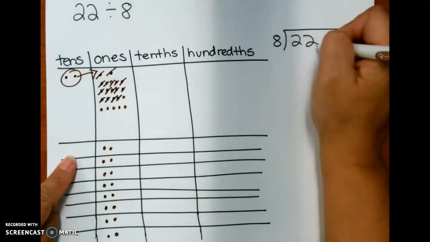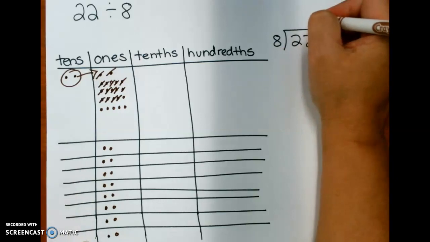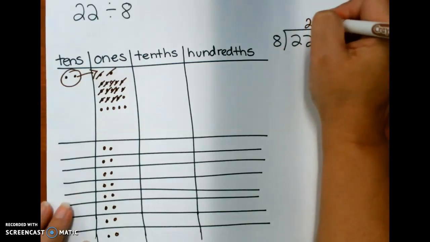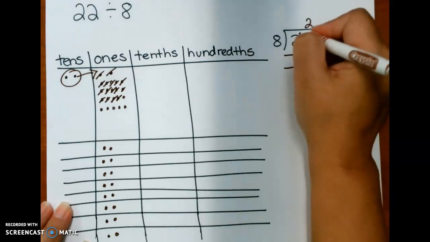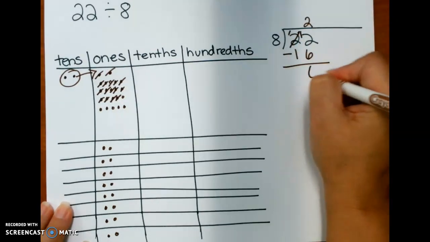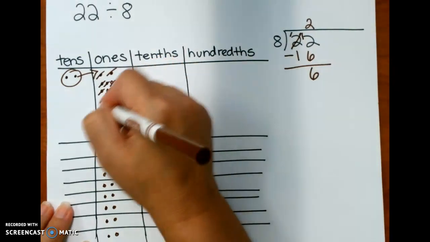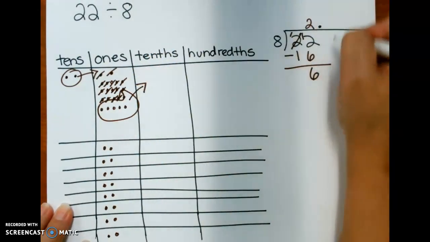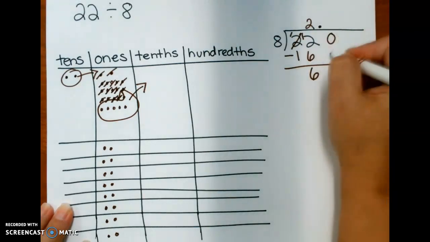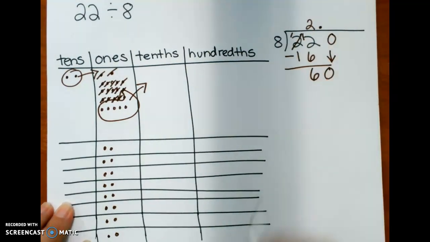So 22 divided by 8, there are 2 in each group, and 2 times 8 is 16. When I subtract, I have 6 left, which is what I have over here. I'm going to move those to my tenths. So I'm going to put my decimal point there. I'm going to add a 0 so I can divide my 60 tenths.